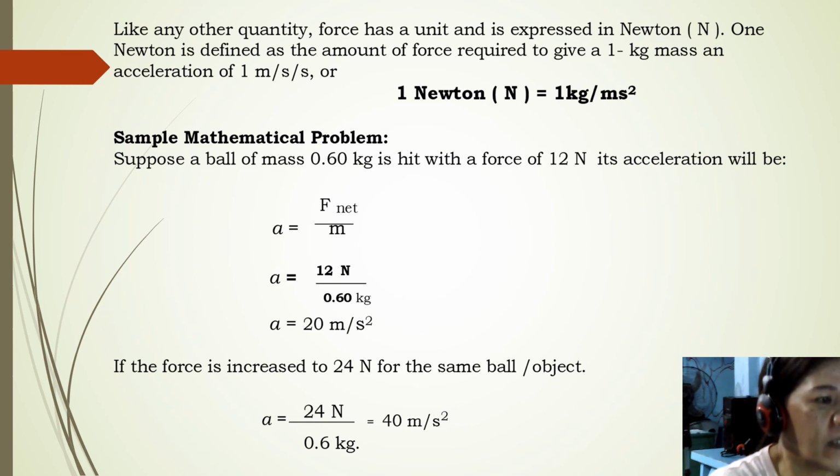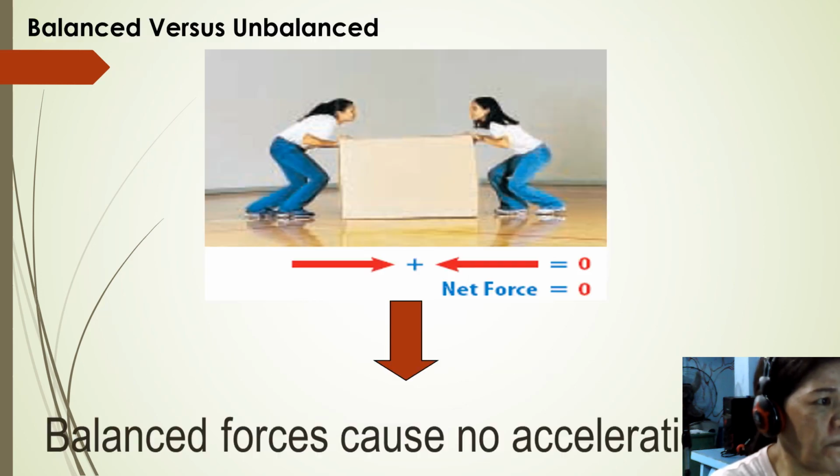Since they use the same ball, the mass of the ball is 0.6 kilogram, then the answer would be 40 meters per second squared. So I hope it is clear. This is a simple equation. So again, balanced force causes no acceleration, and in unbalanced force, the net force is not equal to 0.